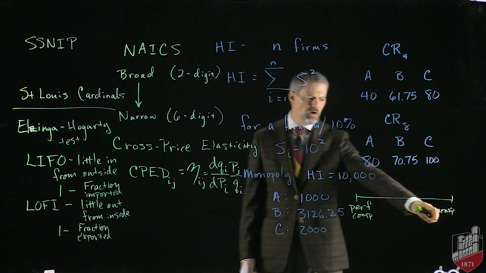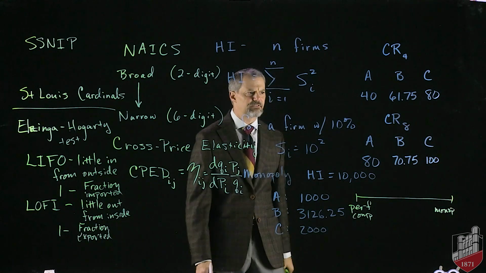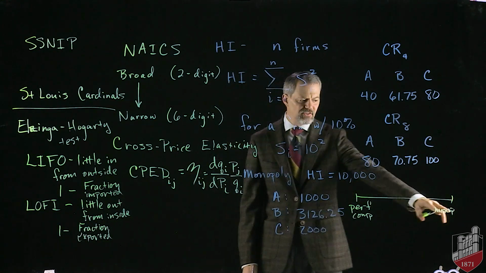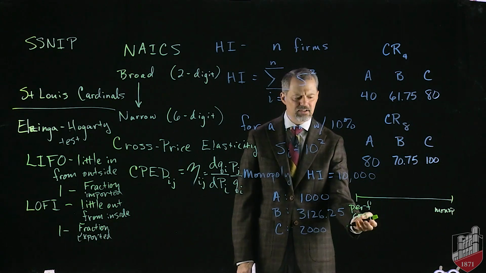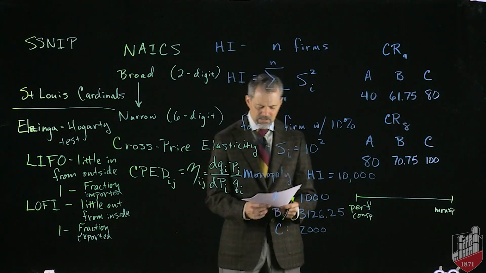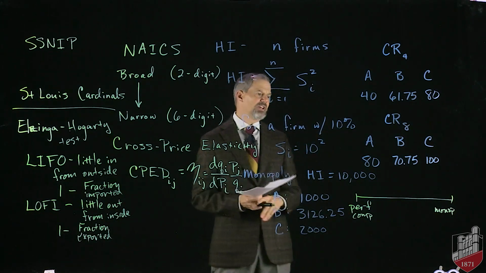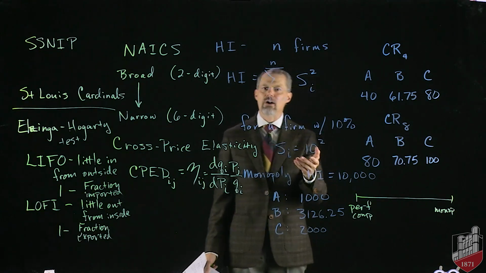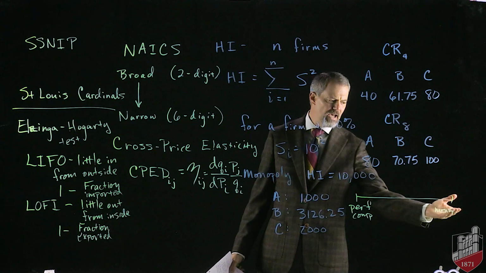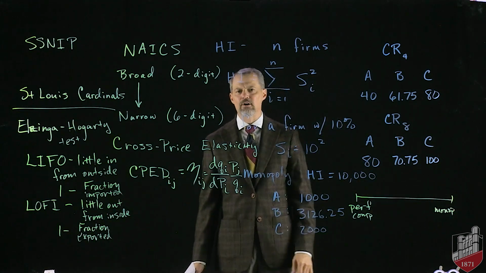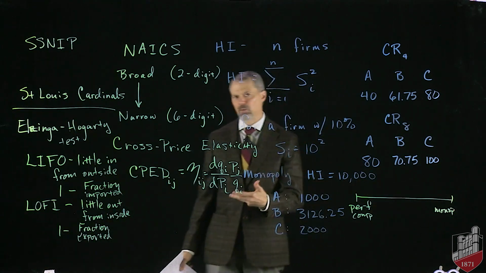You've got one firm here and lots of firms here. This firm has as much market power as it's possible to have, and these firms have no market power. And it's tempting to think, well, market power is simply a function of the number of firms. The fewer firms you have, the more power the firm is going to have over the price.